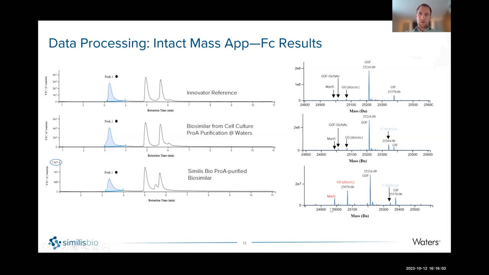The mass spec data shown on the right is just for the Fc domain, and this is the glycosylated domain. So we have MAN5, G0, G0F labeled here. And then we also have C-terminal lysine, which is our primary expected basic charge variant, and that does have a mass shift of 128 Daltons.